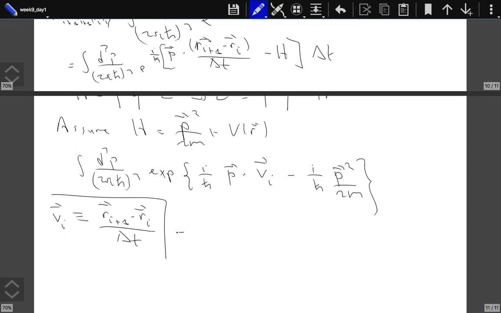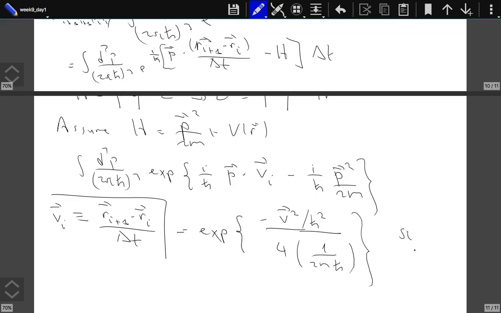So that integral just becomes exponential of minus v squared over h bar squared divided by 4, 1 over 2m h bar, times pi over i over 2m h bar to the power 3 halves.